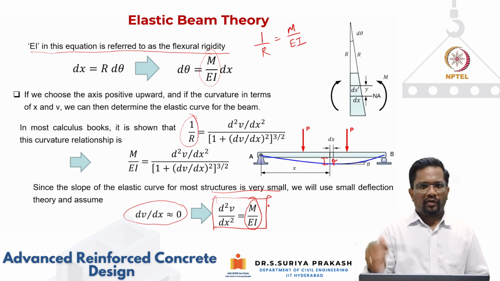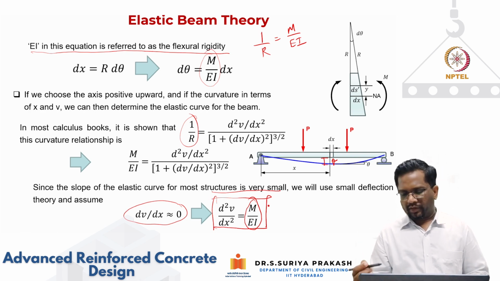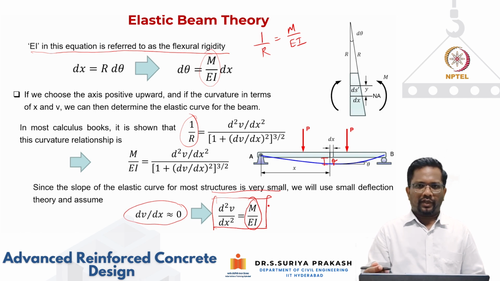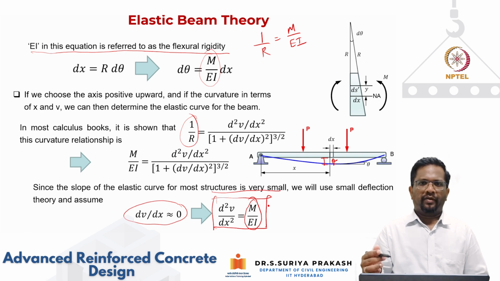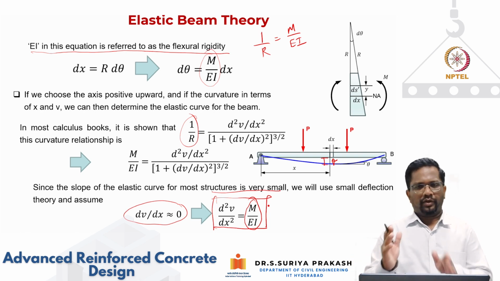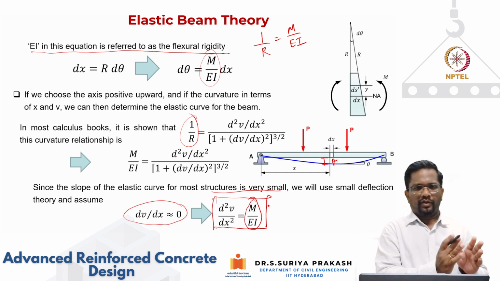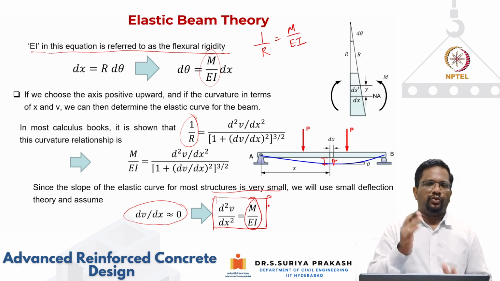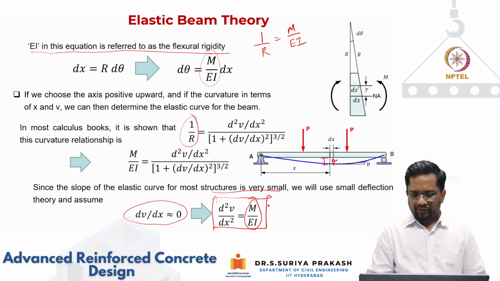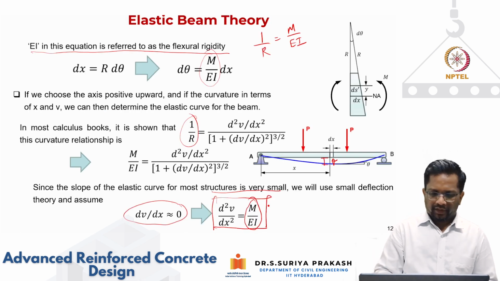That is what you should have studied in structural analysis, the moment area theorem. When you double integrate your curvature, you get your deflection, or when you integrate your curvature from one section to another, you get the change in slope between these two sections.